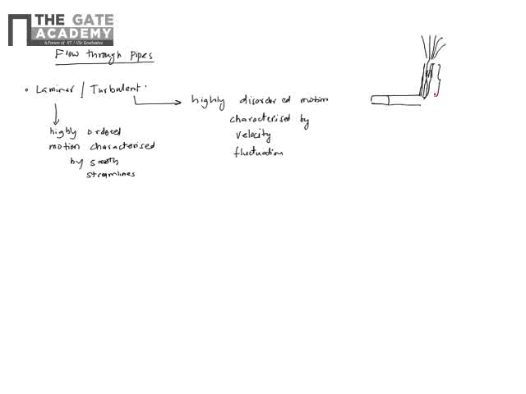So this is your laminar, and after that it's all turbulent. In most practical examples you would have seen this: for some portion it's orderly motion, and after that it's disordered motion, with all this velocity fluctuation.